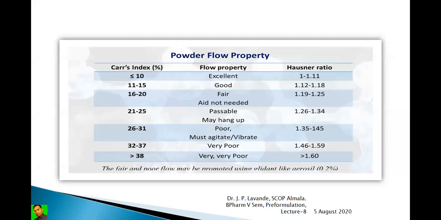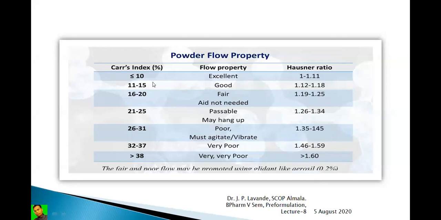As I already told you, if the Hausner's ratio is more than 1.25, then in such cases there is a need to add a glidant. Generally, aerosil at 0.2 percent is used as a glidant in order to improve the flow property.